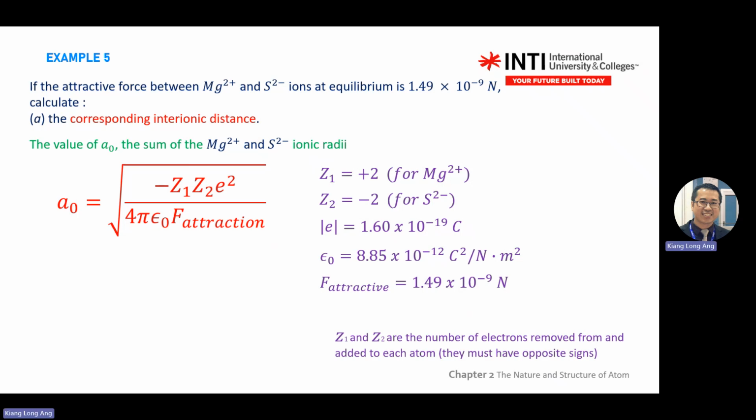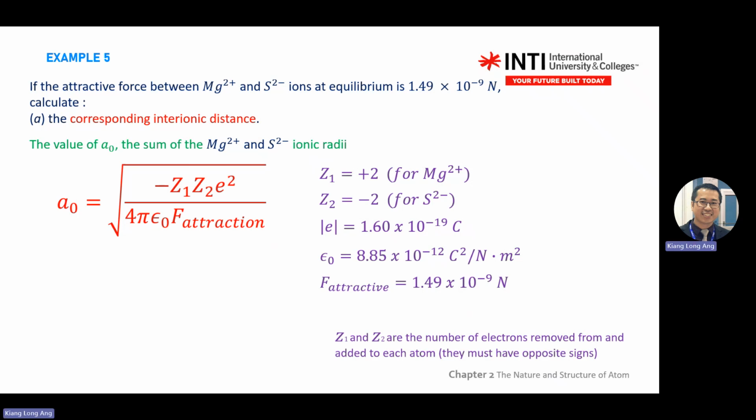So basically, you know this epsilon, you also know F attraction given by the question. So you have all the values, Z1, Z2, e, pi. This one, F attraction also known. So you have all the values, substitute in, press calculator, square root. Okay, that's why when you substitute this value, this one becomes positive, because you cannot square root a negative number.